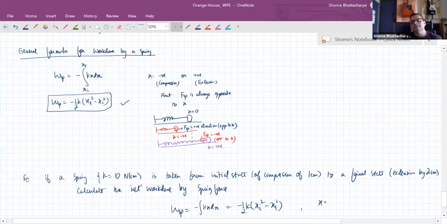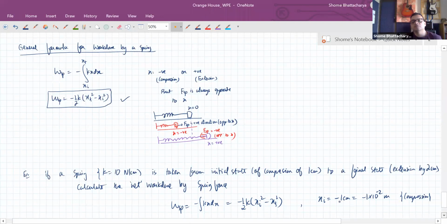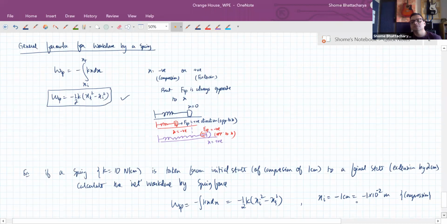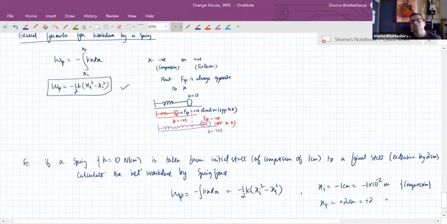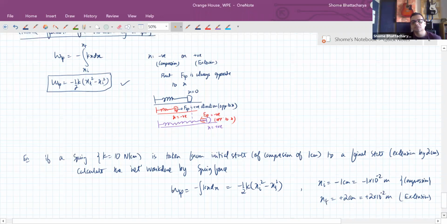Now here we will substitute x initial as minus 1 centimeter or minus 1 into 10 raised power minus 2 meter because it is a compression, whereas we will substitute x final as plus 2 centimeters or plus 2 into 10 raised power minus 2 meters because it is an extension. But as you can see, the term is whole squared, so the sign doesn't matter as far as the work done is concerned.